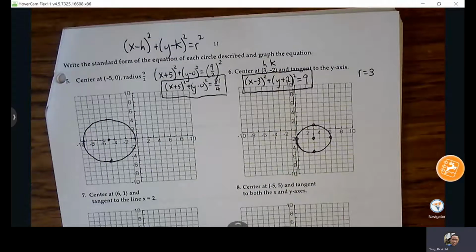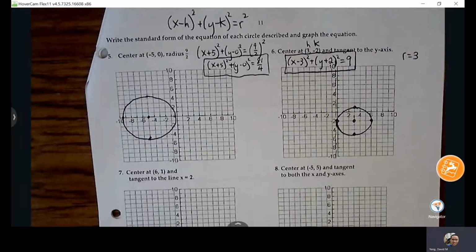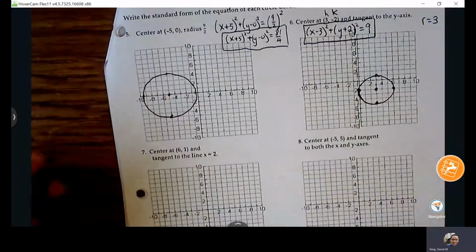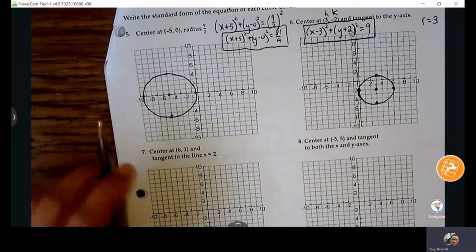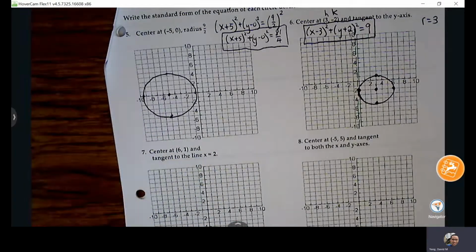I think you're pretty good with 3 and 4. Okay, page 11. Remember, when it says y equals a number, like y equals 3 or y equals 4, those are horizontal lines.